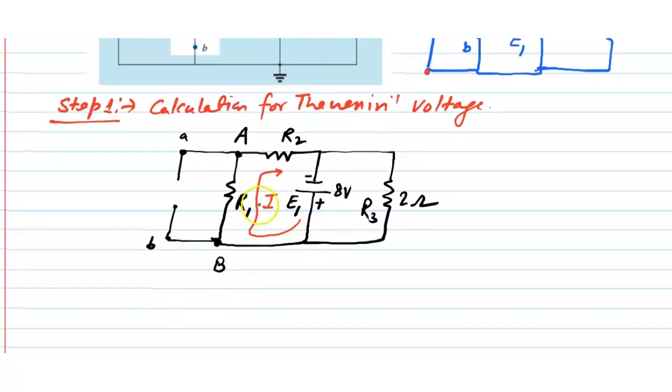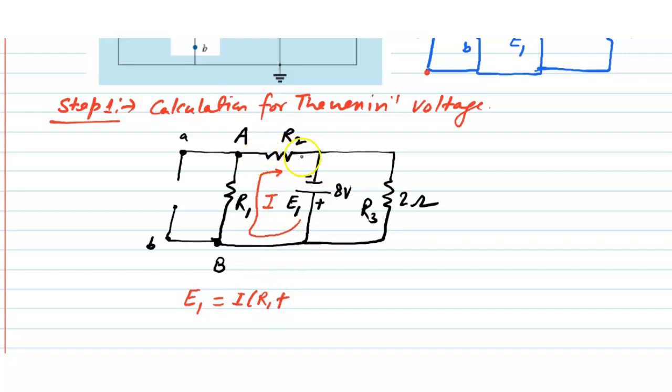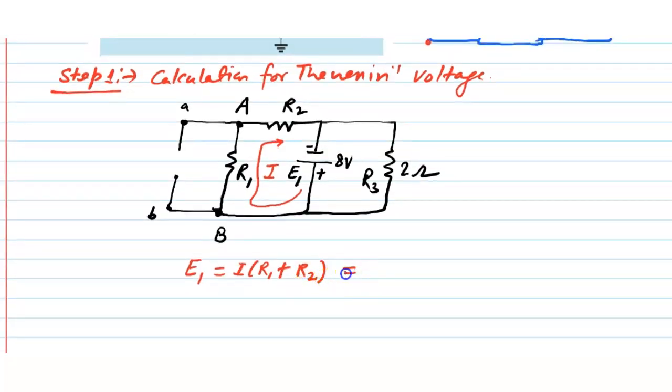Now write down the KVL equation for this loop: E1 is equal to IR1 plus IR2, and the value of the current will be I is equal to E1 upon R1 plus R2.